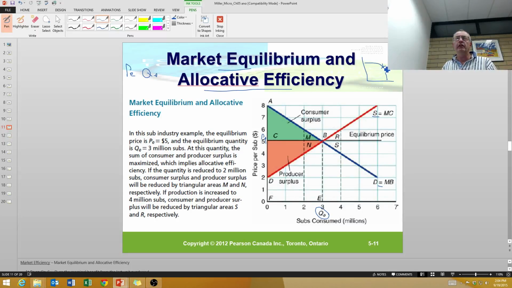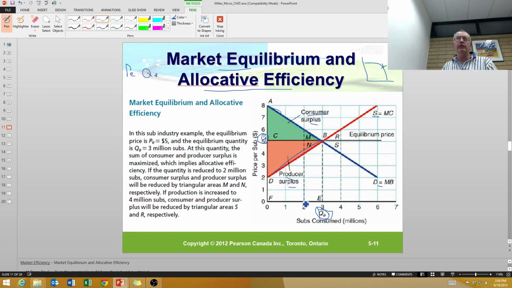We're at this point when the total of consumer surplus and producer surplus is maximized. And this area beneath the demand curve, but above the supply curve, up to the equilibrium quantity, is maximized at this equilibrium price.